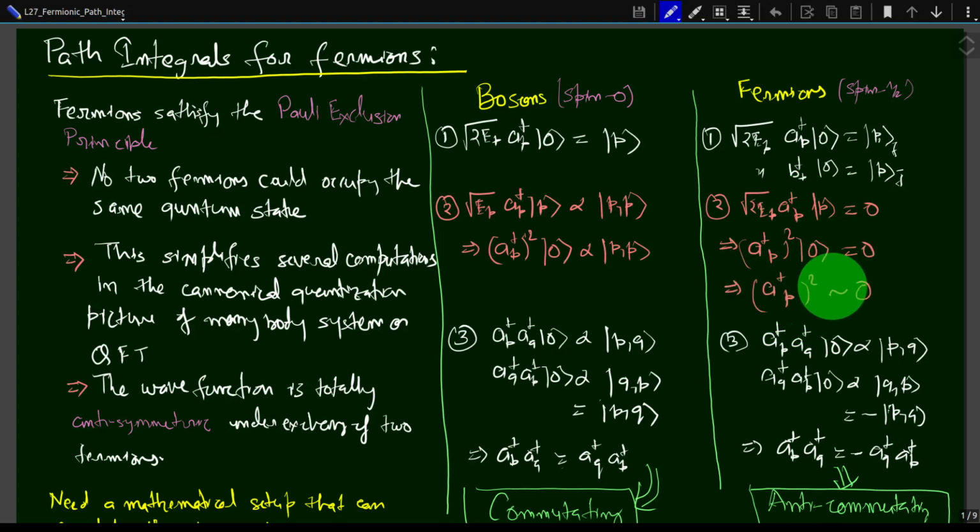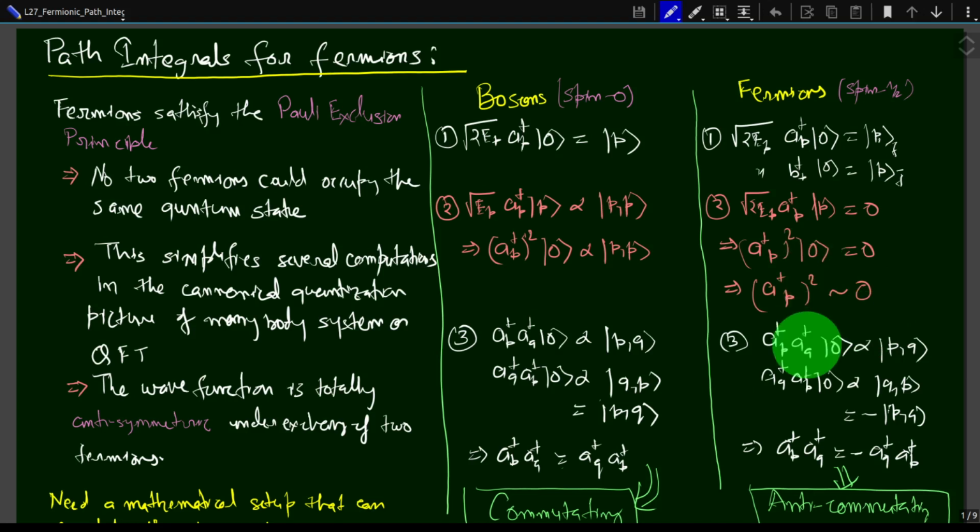We get this simply because the a_p and a_p daggers all anti-commute. So the square of the same operator would be 0, because ideally I should have a_p times a_q equal to minus a_q times a_p, and that is true even when p is equal to q. That basically says that a_p dagger squared is equal to minus a_p dagger squared, and that can only be true if this operator is a null operator.